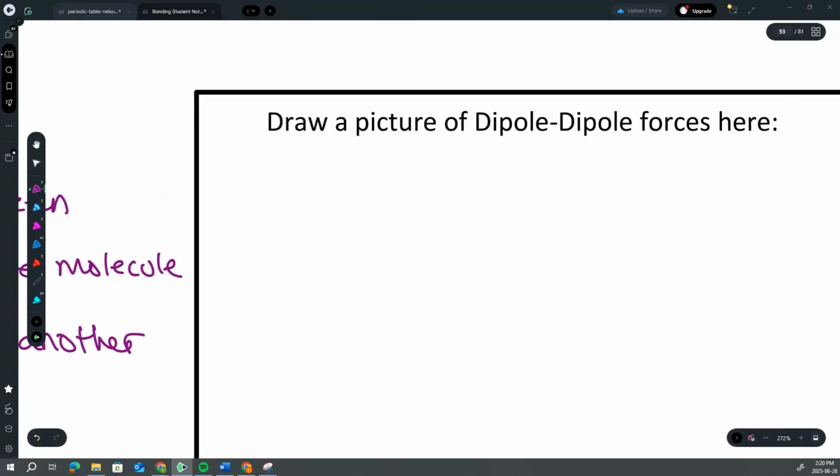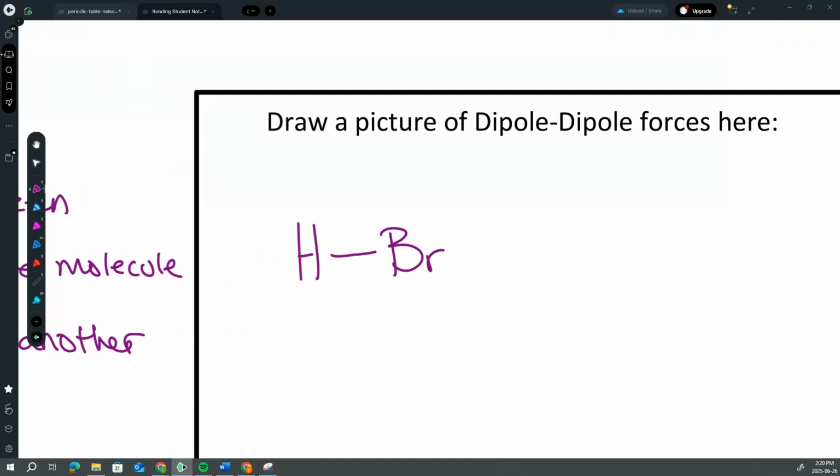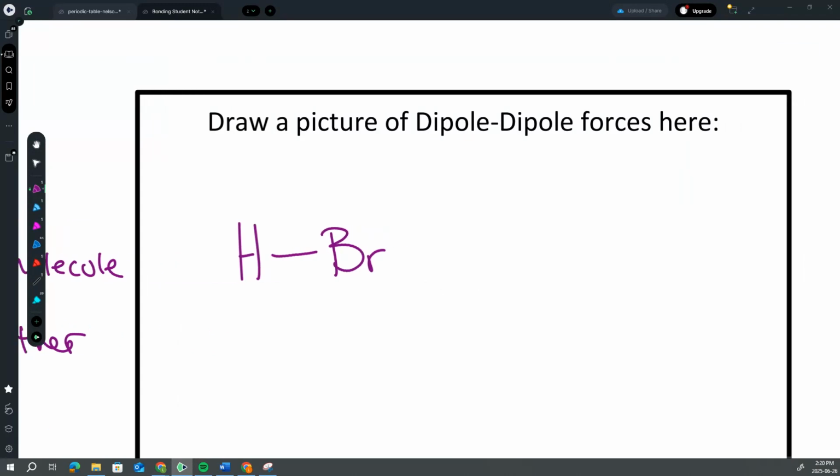So if we're drawing a picture of what this could look like, let's say we take HBr. With this, because bromine has an electronegativity of 3 and hydrogen has an electronegativity of 2.2, there's going to be a dipole moment.